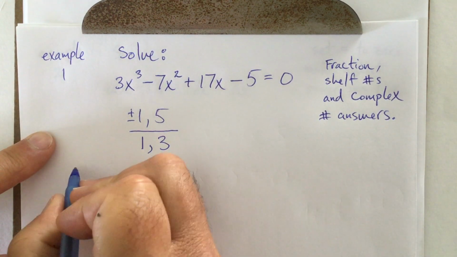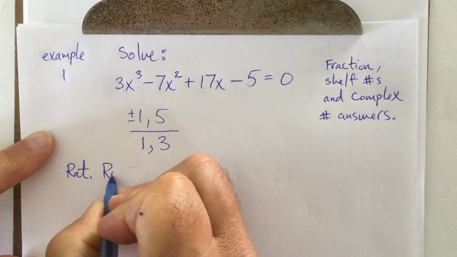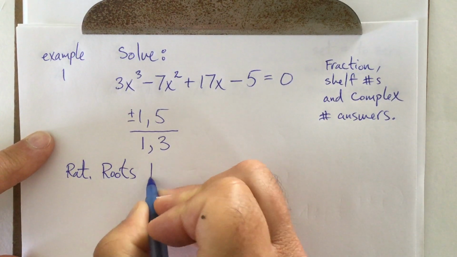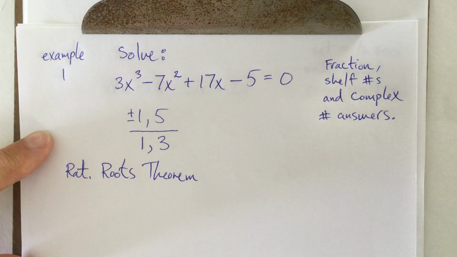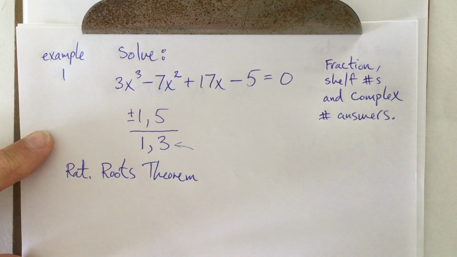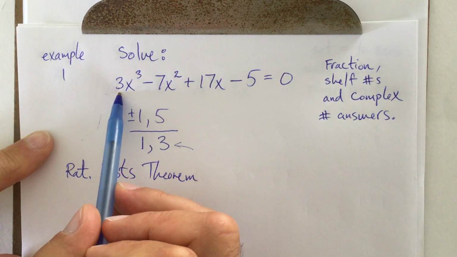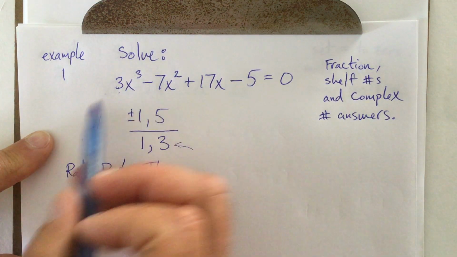So when I've been talking to you guys about this thing called the rational roots theorem, we've never had a bottom part to it because that's always been a 1. So you'll see in my next two examples, I use this.